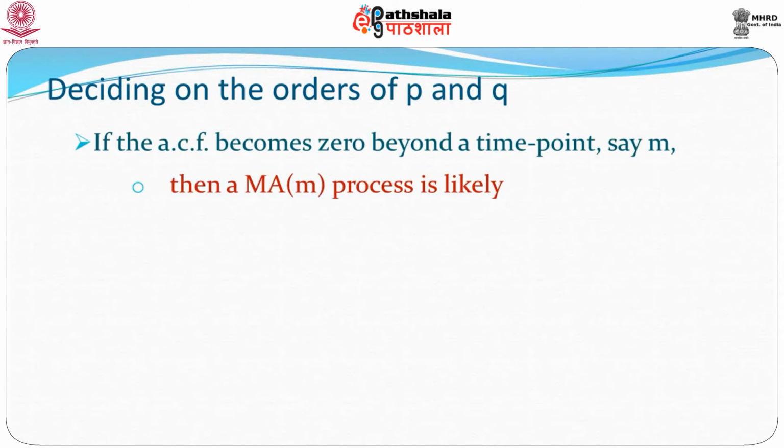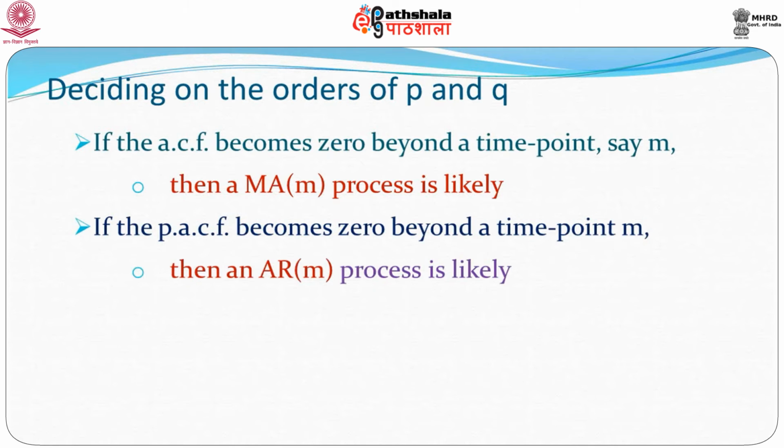If the a.c.f. becomes 0 beyond the time point, say the time point m, then we know that it is a moving average of order m. If the p.a.c.f. becomes 0 beyond the time point m, then we would expect it to be an autoregressive of order m.